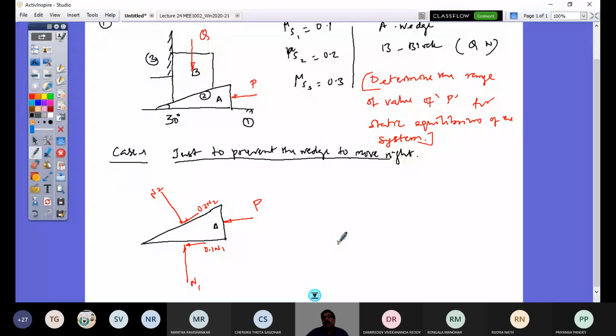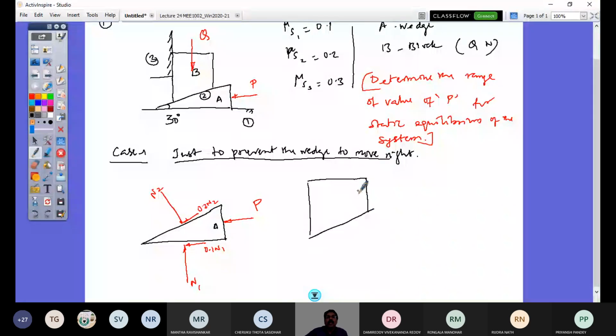This is Q, this is block B, and the load there is its weight, which is Q.